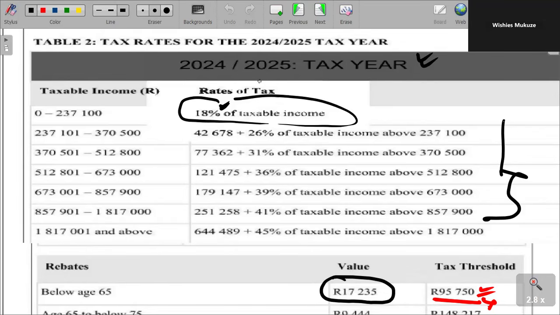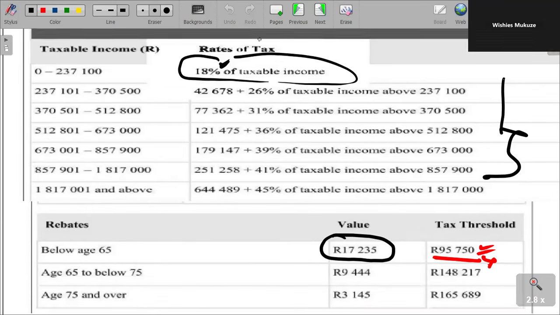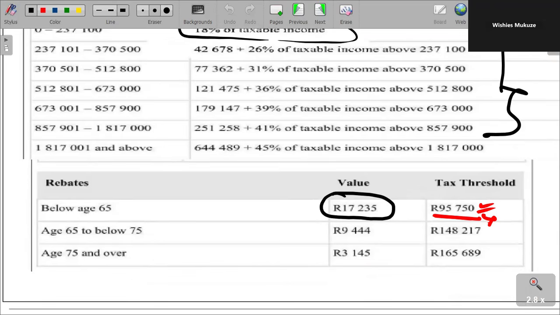His tax is going to be calculated as 77,362 plus 31% of the taxable income. This amount falls into this bracket.